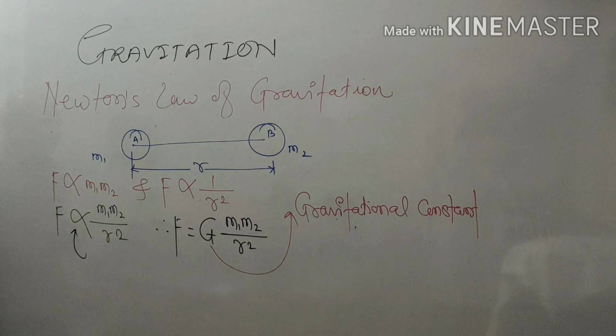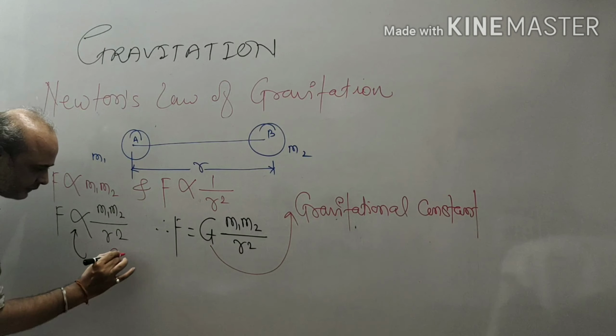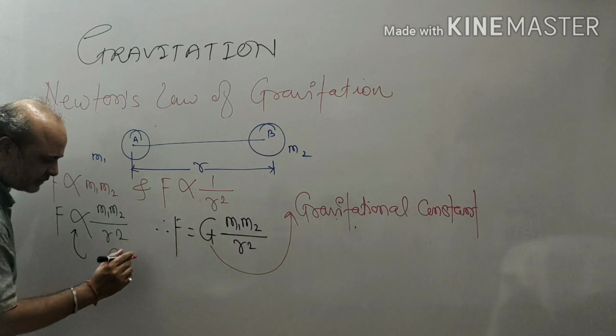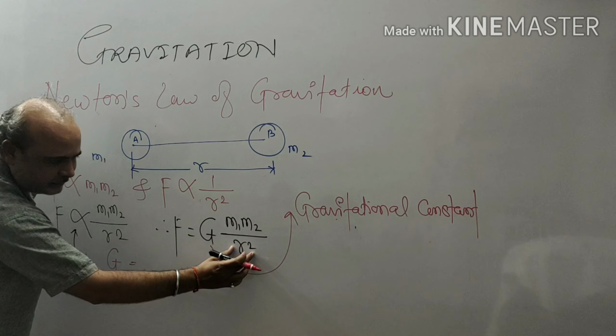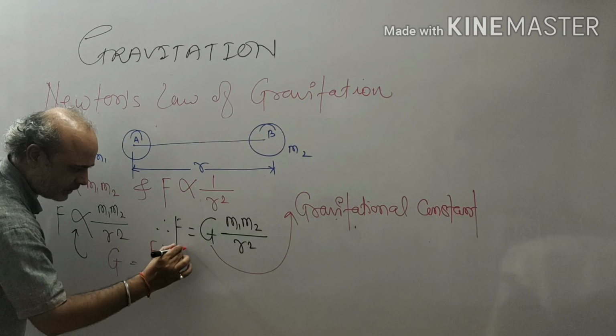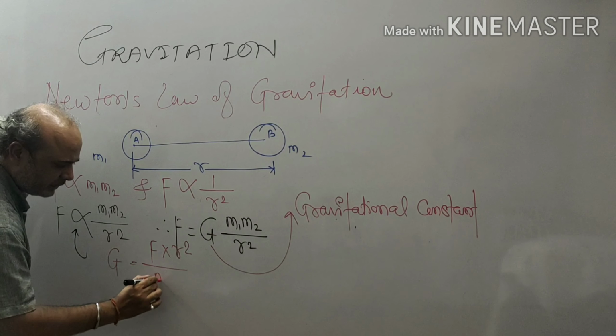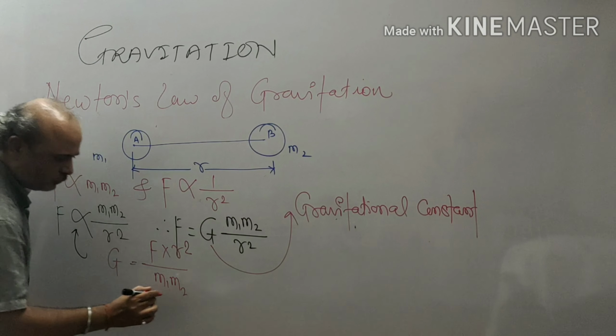Now how will you find the value of G? You can find G is equal to what, student? This is in the denominator, so you transfer it to the left hand side, so this will be F into r square, and this is in multiplication with G, so this will be m1 m2.